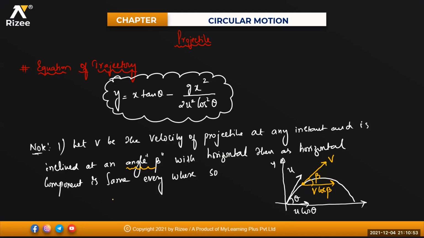So v cos beta must be equal to u cos theta. Can I get the value of v from this, Beta? v will be equal to u cos theta divided by cos beta. 1 by cos beta is nothing but sec beta, so v is equal to u cos theta sec beta.